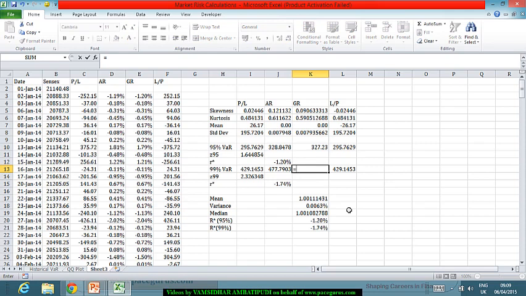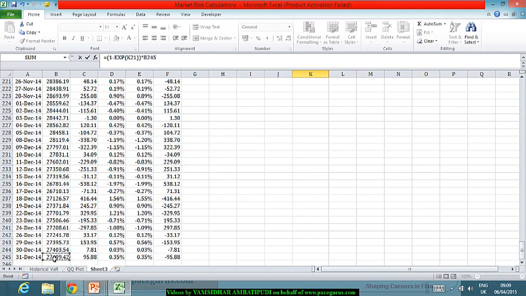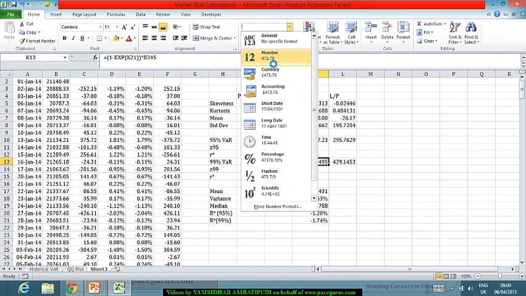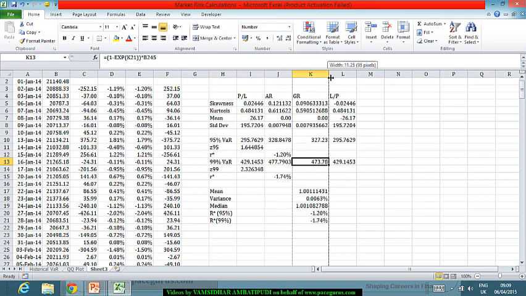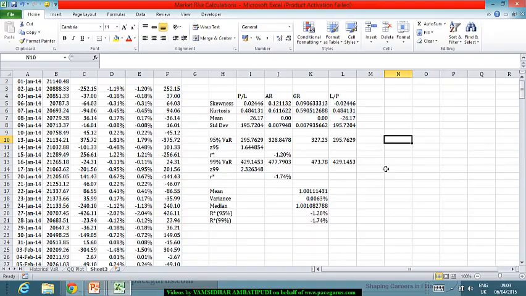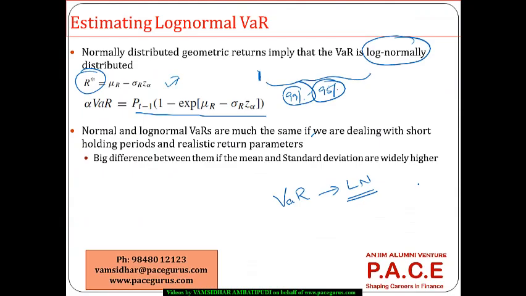Even in this case, if I have to operate it out, it is nothing but 1 minus e to the power of R star. This I am multiplying with the latest price, which is telling me that through this mechanism, the 99% VaR is around 473, and the 95% value at risk is around 327.23.